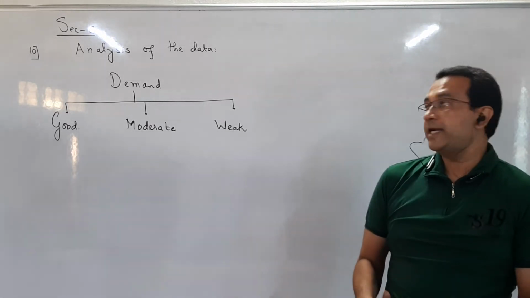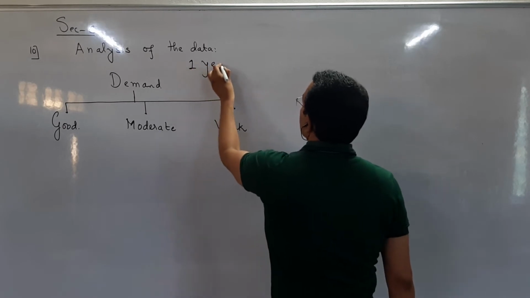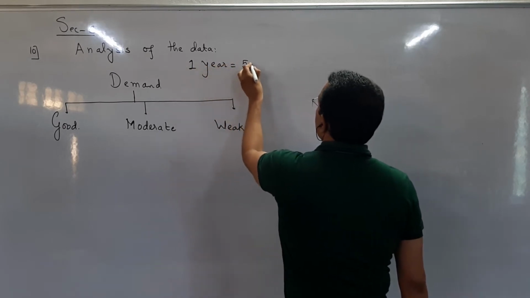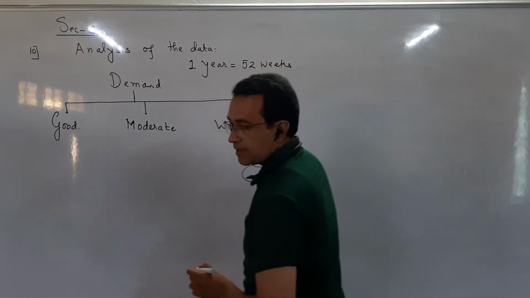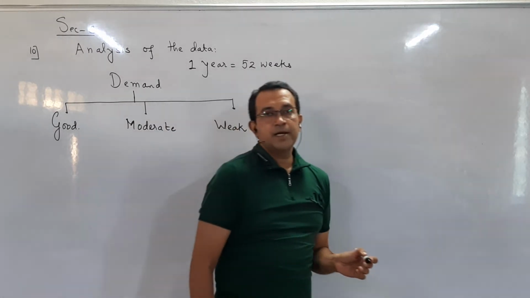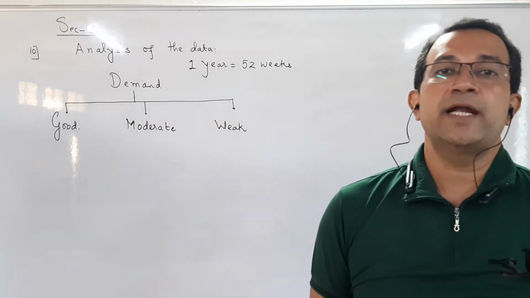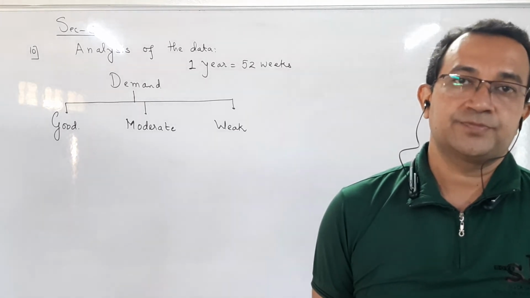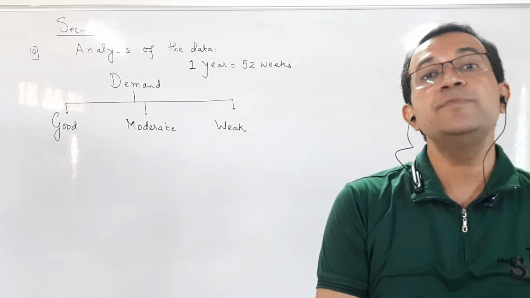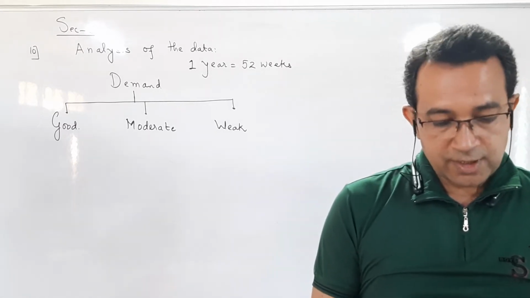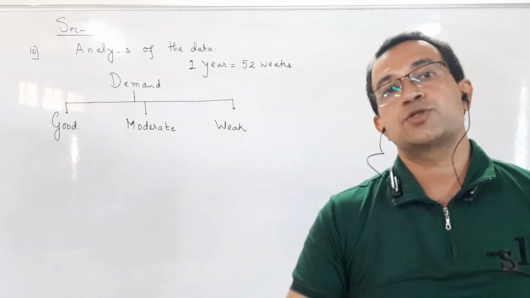Now, it was for one entire year. This you should know: 1 year has 52 weeks. If it is a leap year, then 52 weeks and 2 days extra. 52 into 7 will be 364 plus 2 days extra.